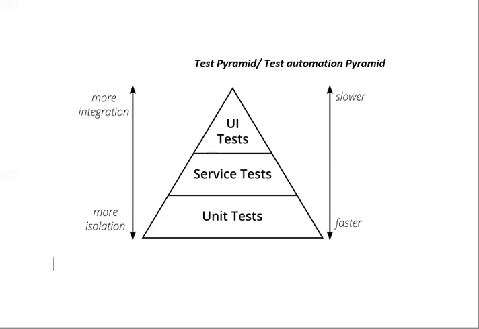Okay, so the first point, at the basic level, is unit tests. We are following the order from the bottom to the top, and the first point we will discuss is unit tests.